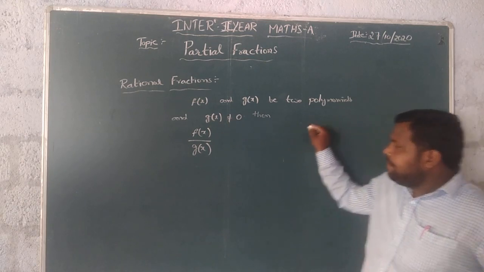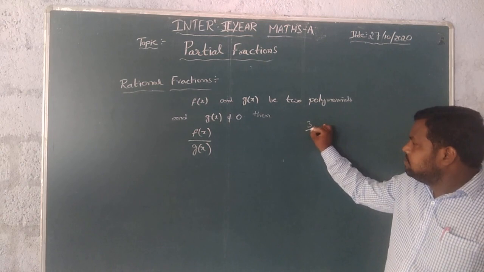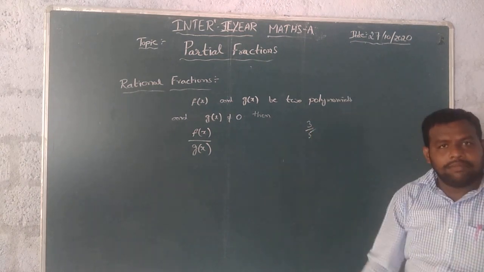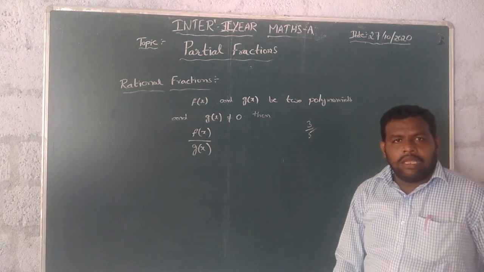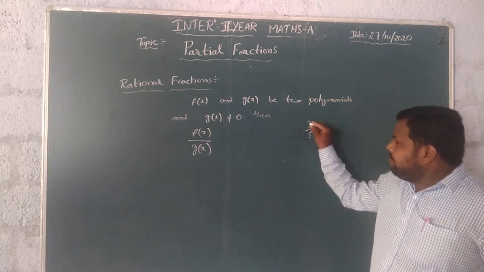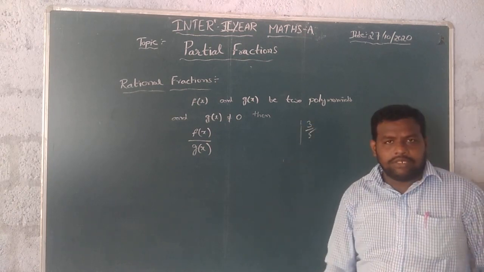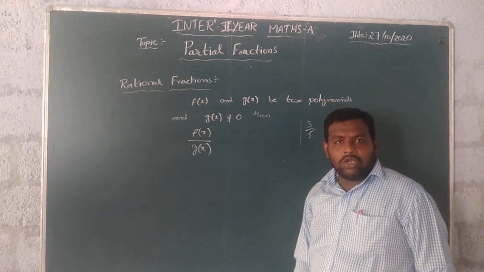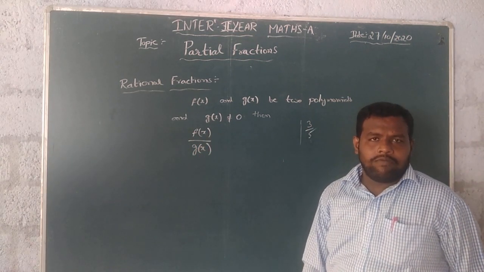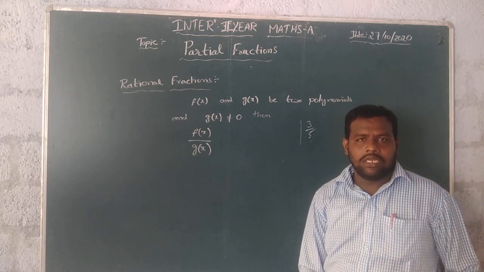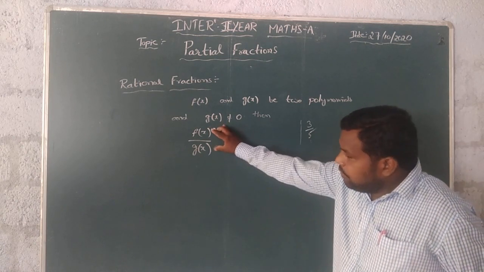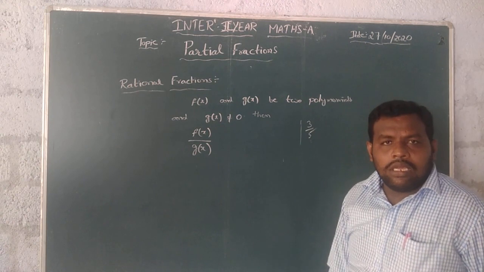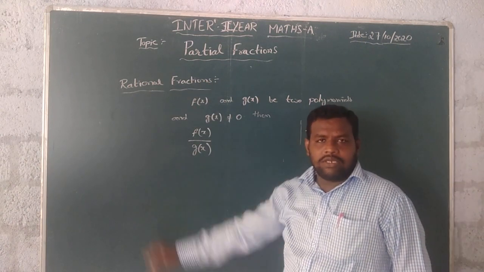This is like a fraction 3 by 5. Okay, 3 by 5 is called a fraction. So here f of x, g of x are two polynomial functions, two different functions. So this division is also called a rational fraction.